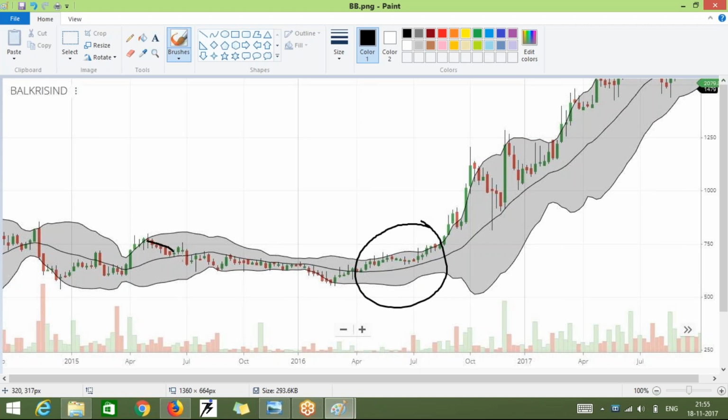It was almost making a range, but from here it was continuously moving above the 20 days SMA. The breakout happened from here, but since we are not that much of risk takers, we cannot place our trade at this level.